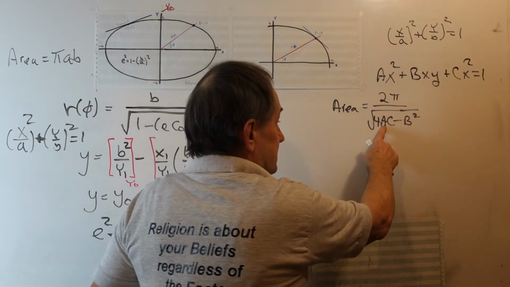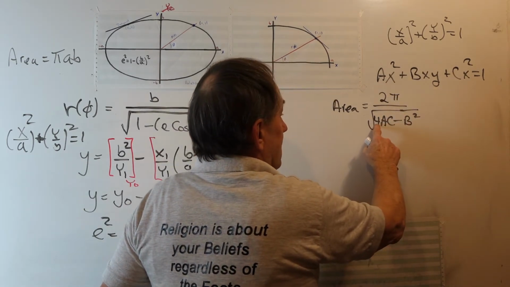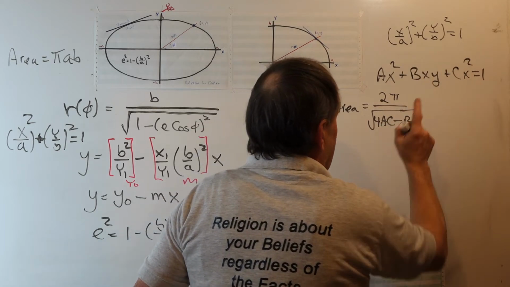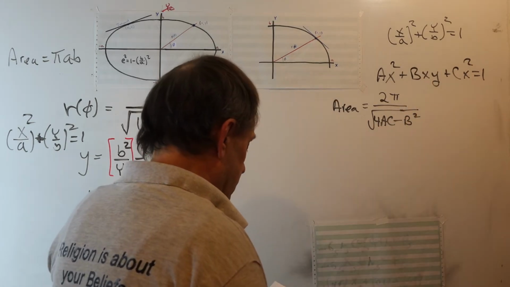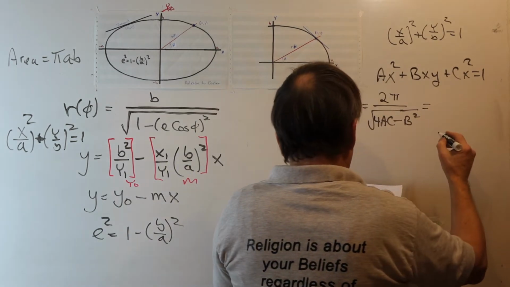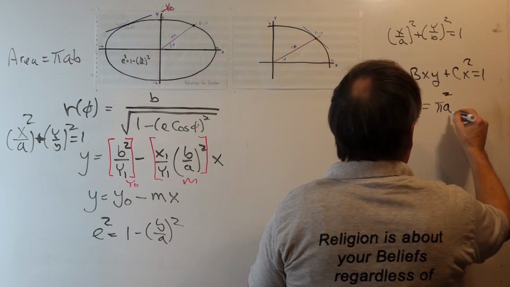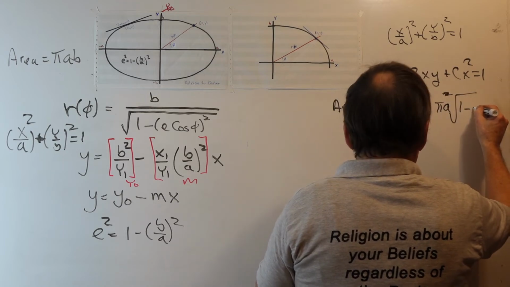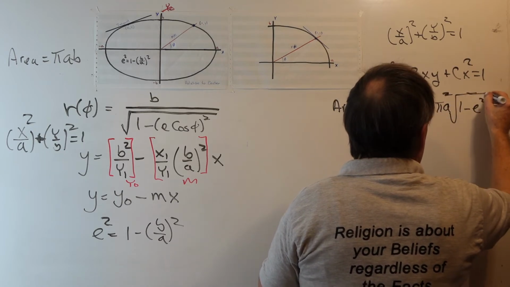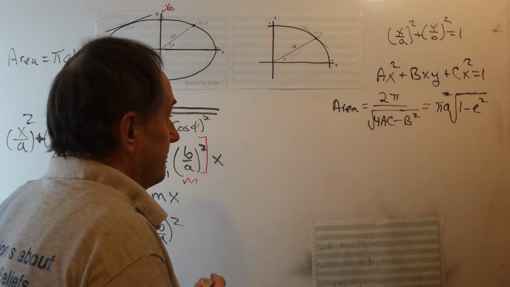So this is a condition for the ellipse: in a general equation like this, 4ac minus b squared has to be greater than 0 to be defining an ellipse. And this also can be written as pi a squared times the square root of 1 minus e squared, where e is the eccentricity of the ellipse.